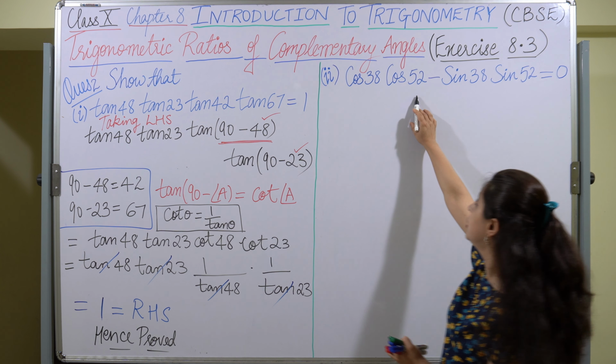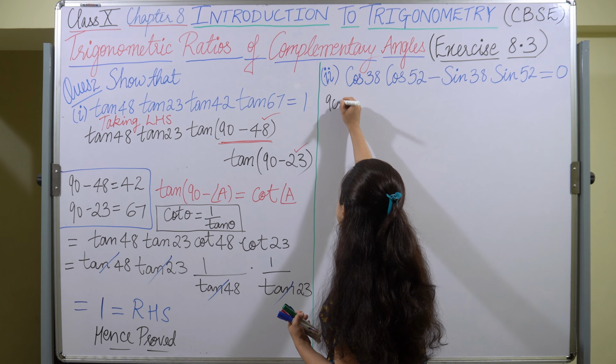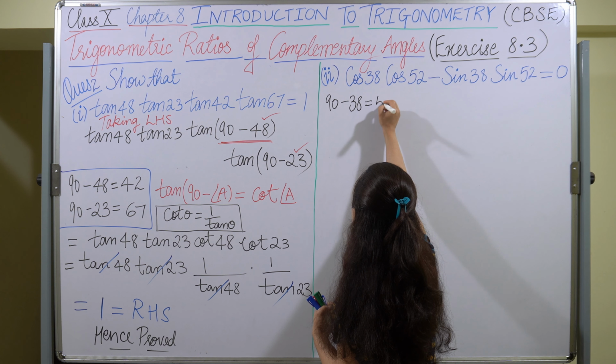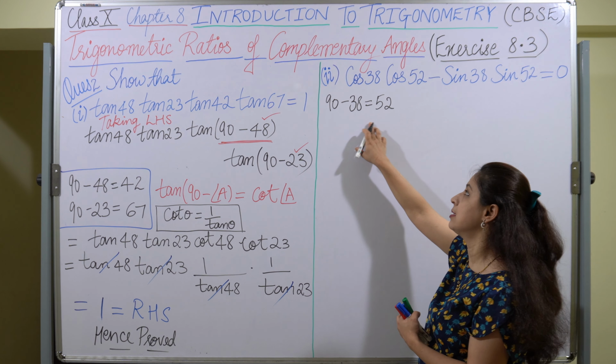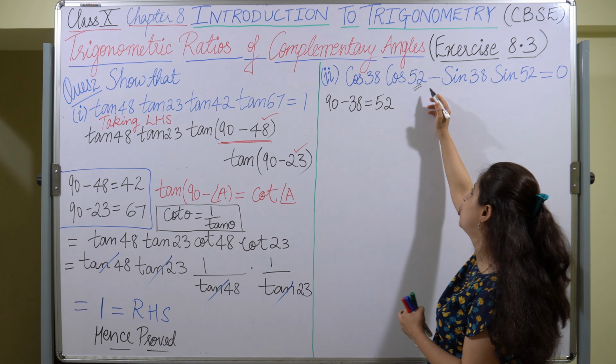So 52 can be easily written as 90 minus 38.